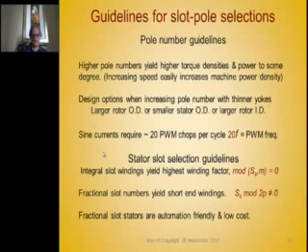If the slots per pole per phase is a whole number with no remainder after you divide the phases and the number of poles out, then you have unity distribution factor. Now, fractional slot windings lead to short end windings. That can be a big benefit. And fractional slot stators are very automation friendly. That's another important consideration, and is low cost to make.